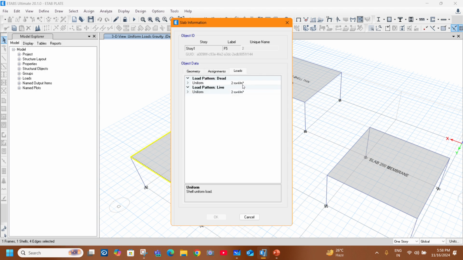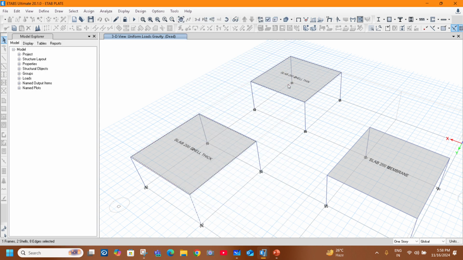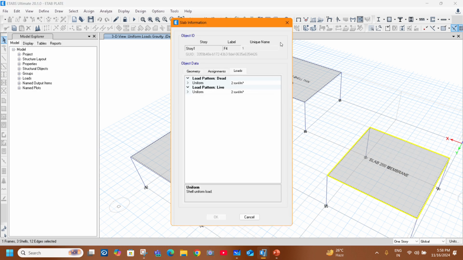It is 2 ton per meter square, which is dead load, and the live load is 2 ton per meter square. In both cases, this is the same.